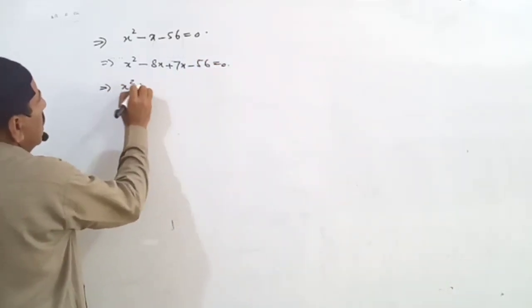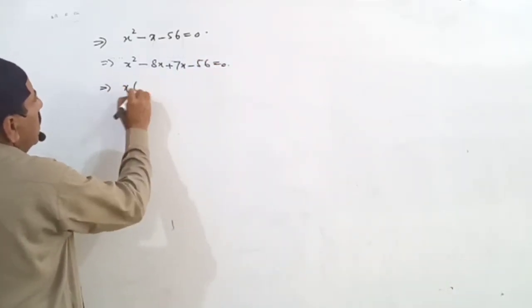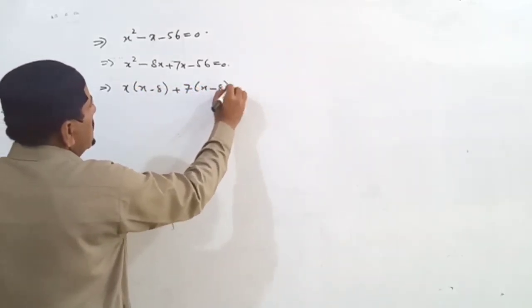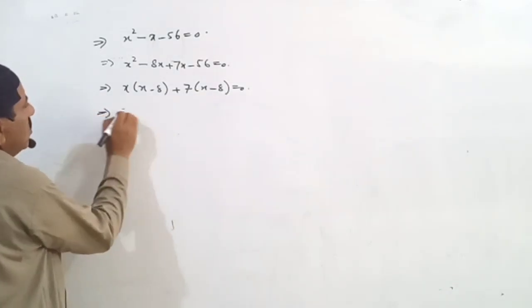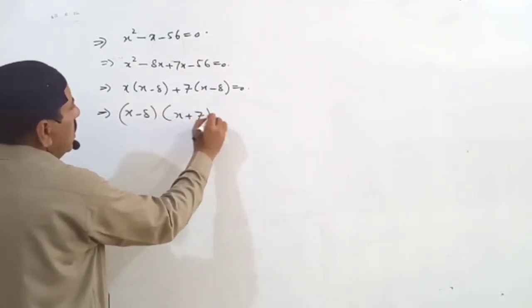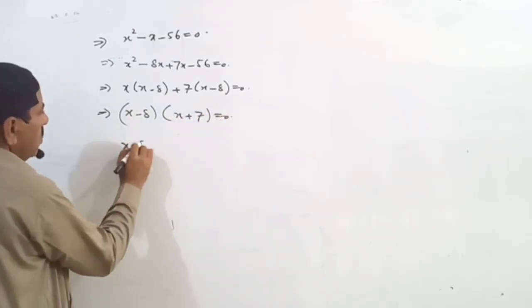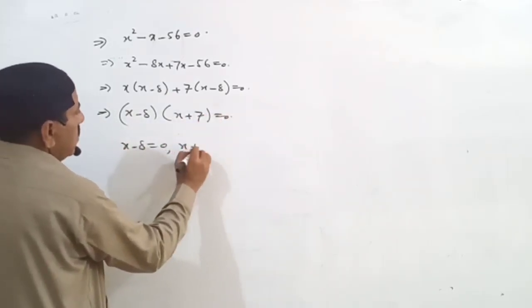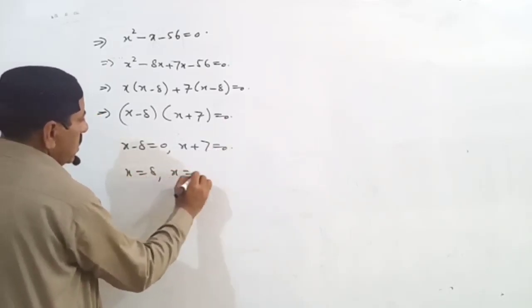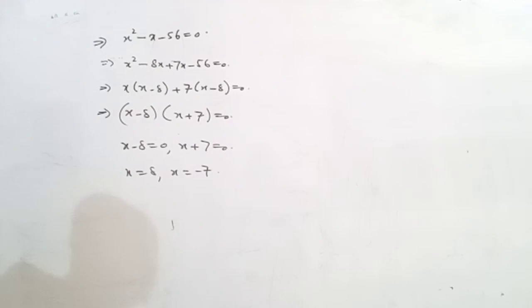So x is common, x minus 8, plus 7 is common, x minus 8 is equal to 0. So this will be (x minus 8)(x plus 7) is equal to 0. So x minus 8 is equal to 0 and x plus 7 is equal to 0. So x is equal to 8 and x is equal to minus 7.